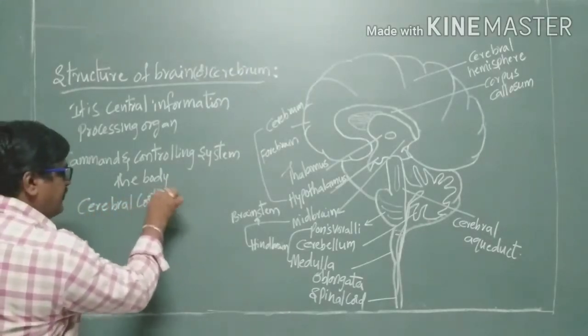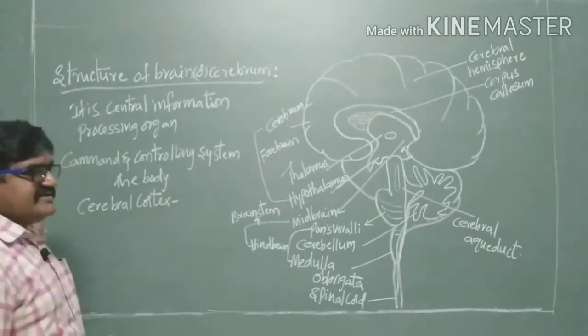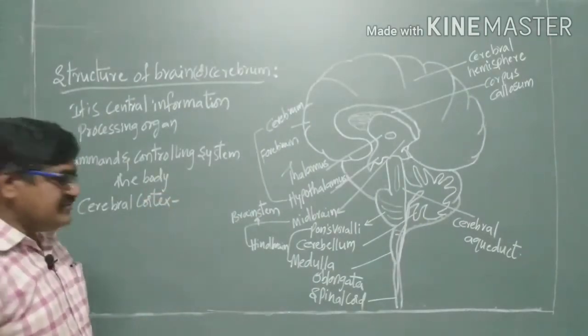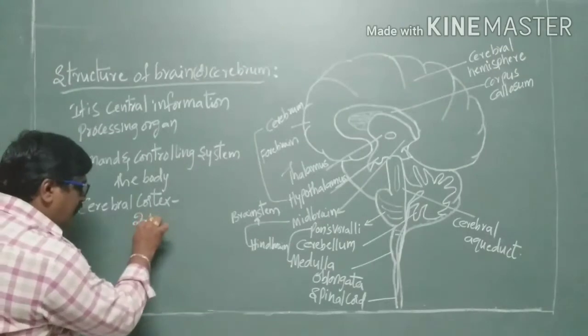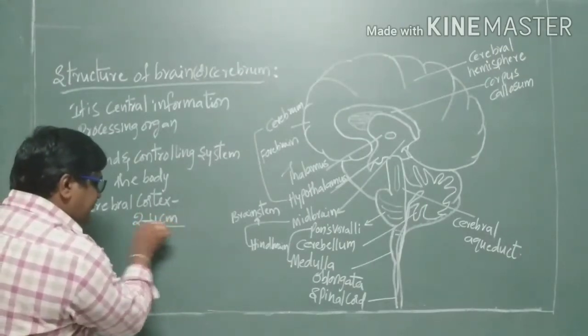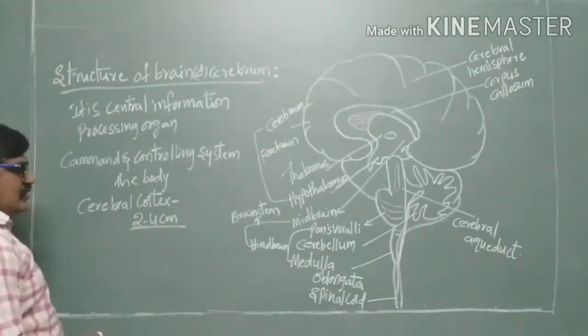So what is the cerebral cortex? It is the thin layer of thickness surrounding the brain.